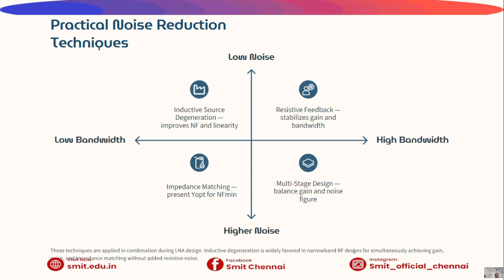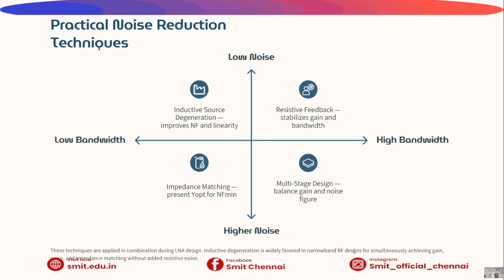Next, we see about the practical noise reduction techniques. Several techniques are used to reduce noise in practical amplifier designs. The first is impedance matching, where the source impedance is adjusted to achieve minimum noise figure. The second is multi-stage amplifier design, which contributes gain and minimizes overall noise contribution.